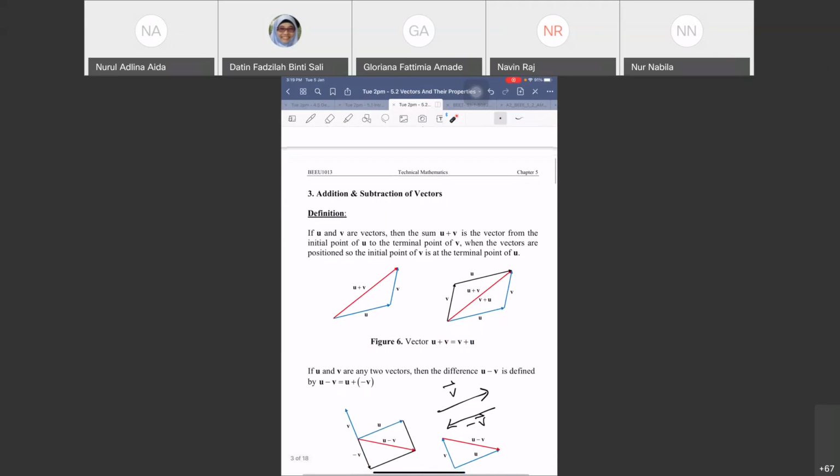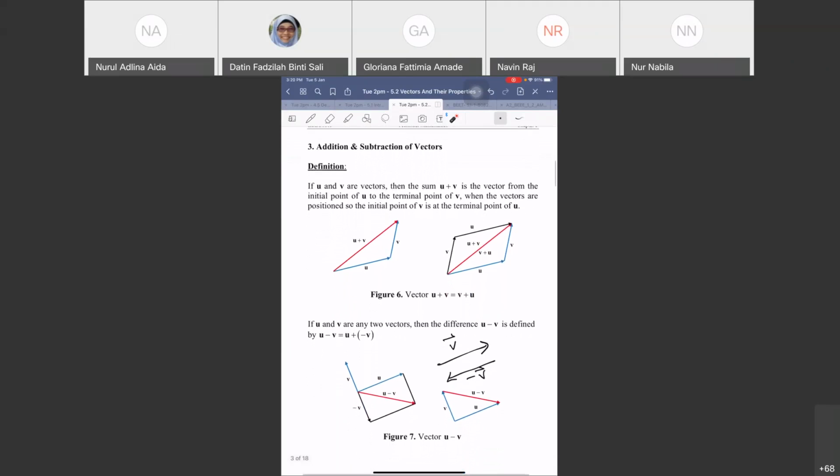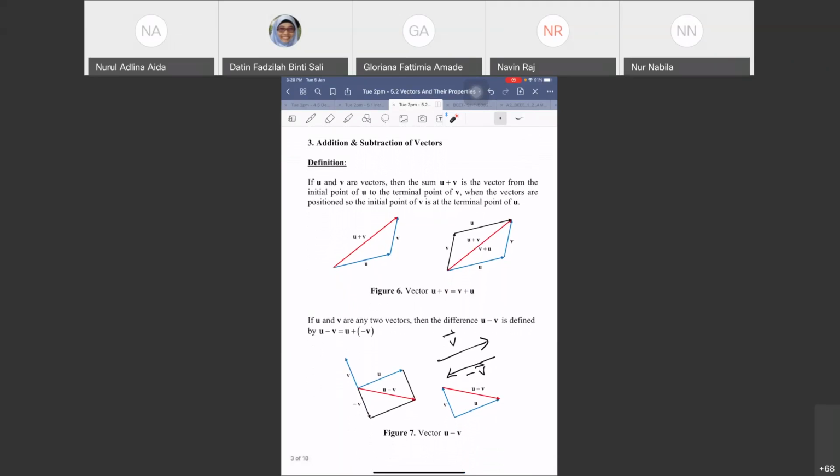And then with vectors, previously you remember you can add and subtract. Maybe during your school days you were adding and subtracting vectors from a diagram, either from a triangle or a parallelogram diagram.